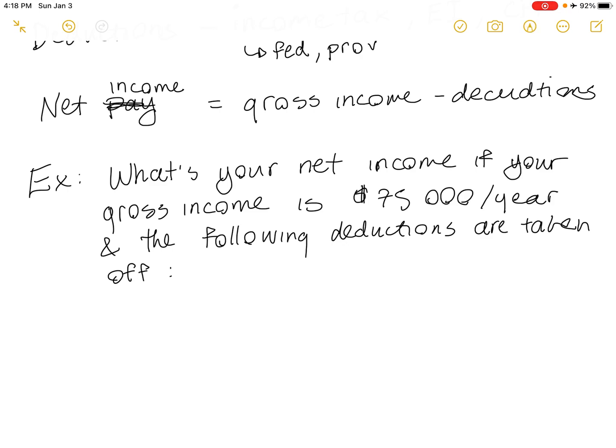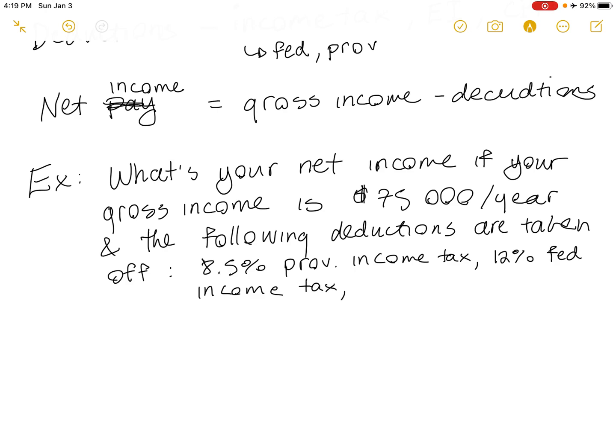Okay, so let's say we have, I don't know, 8.5% provincial income tax, 12% federal income tax, 1.6% EI, and 4.95% CPP.